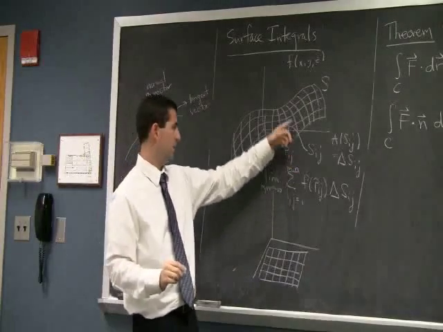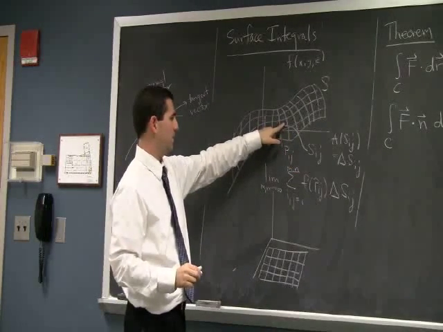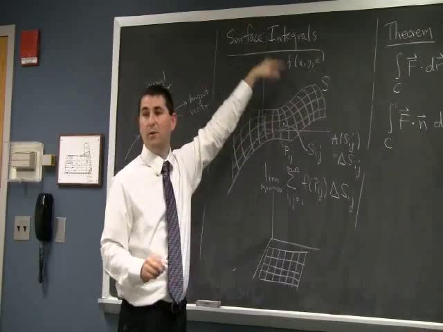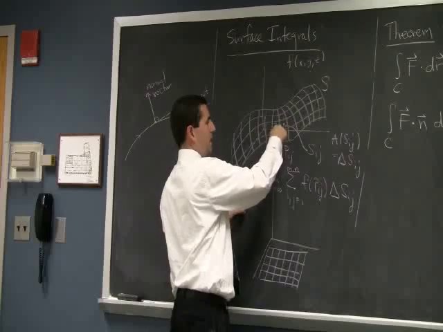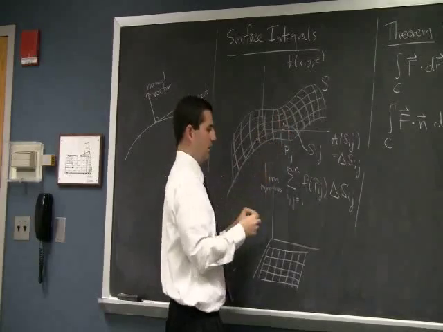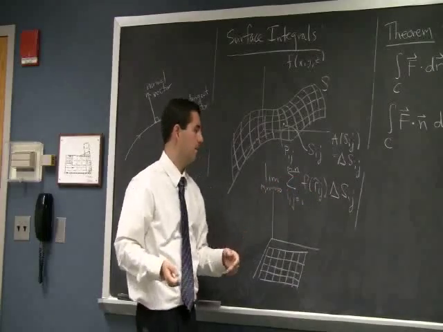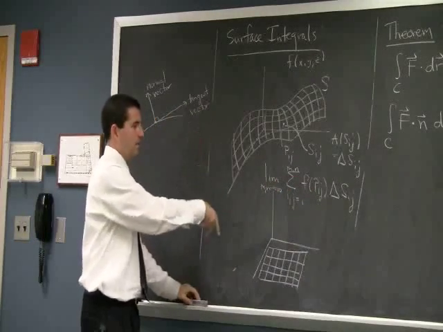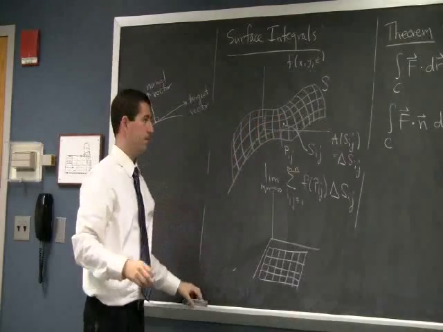So what is this doing? At each point I evaluate the function, and that gives me some value. I'm assuming that it's the same value everywhere on here. I multiply it by the area of that thing, and that gives me some value. And then I add those all up, and I take the limit as these things shrink to 0.